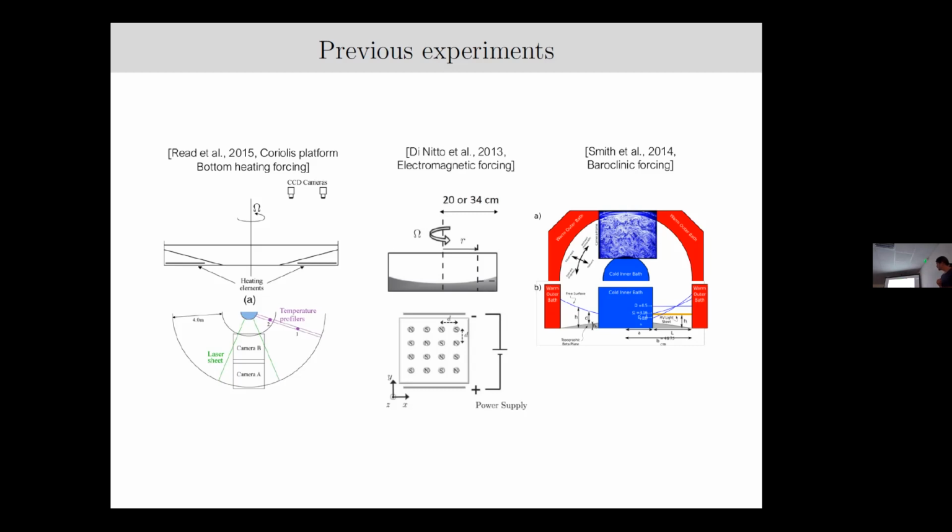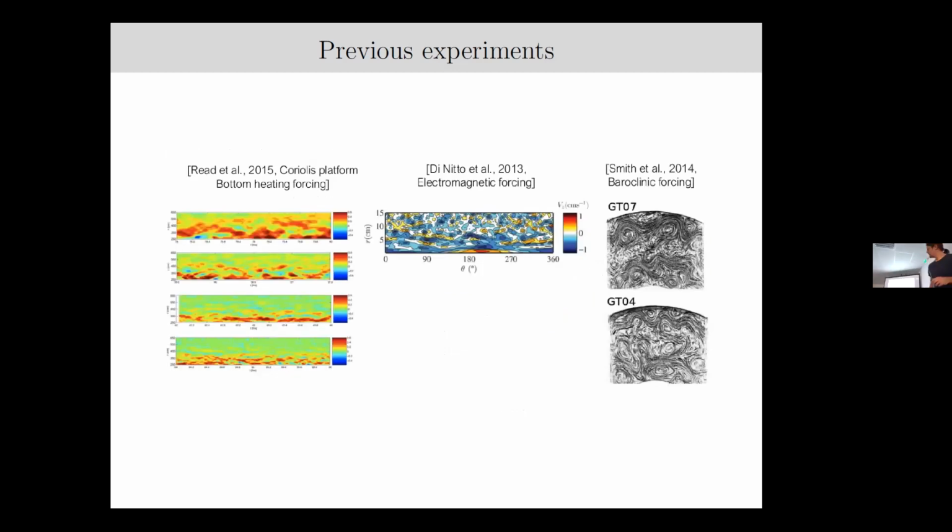What I want to show here is the reason why we redid another experiment after all this long history. If you look at many experimental measurements of flow, this is mostly always like the azimuthal position along your tank, this is the radial position, and this would be some measure of the velocity. Everyone is always seeing a strong anisotropy.